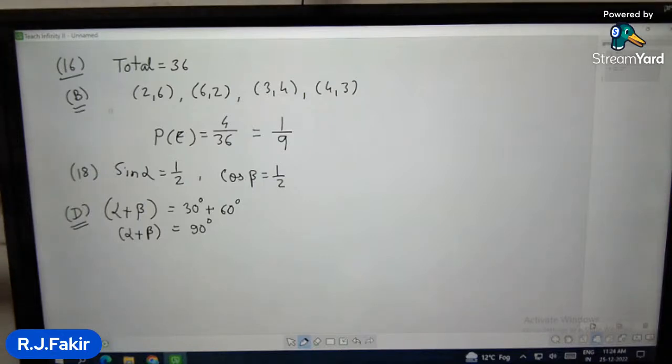Now question number 19 and 20 are of the assertion and reasoning type.